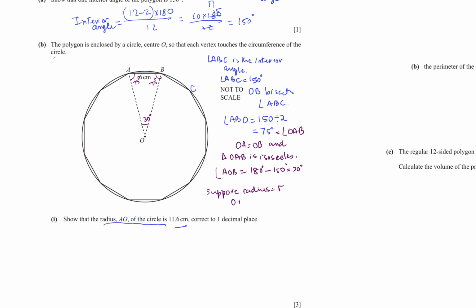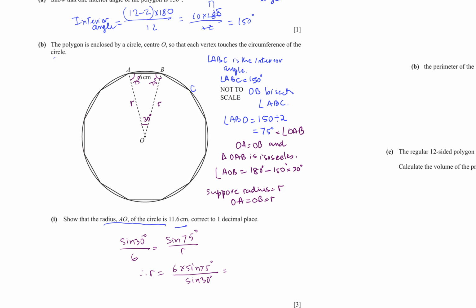Now OA equals OB is equal to r. So then I can write sine 30 over 6 is equal to sine 75 degrees over r, and therefore r equals 6 times sine 75 degrees divided by sine 30 degrees.